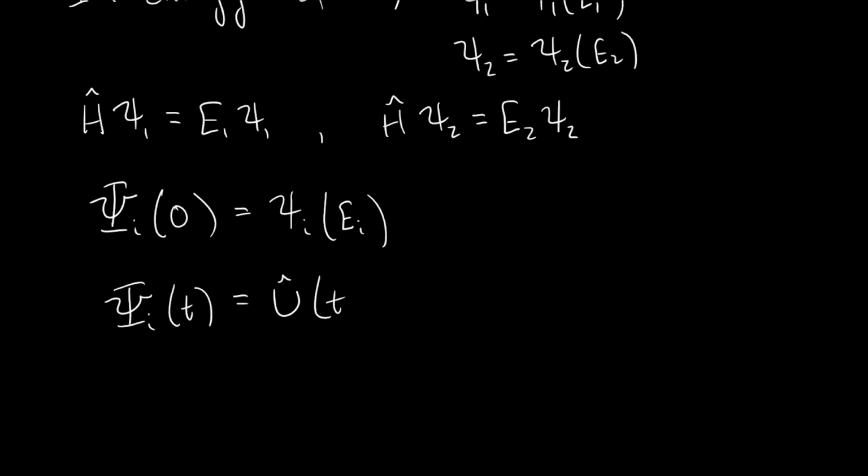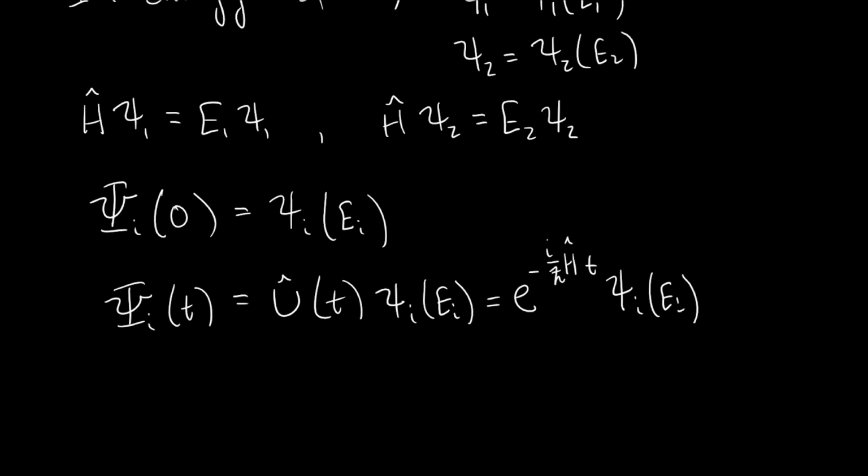So U hat of t times psi i of E sub i, which is of course e to the minus i over h bar, H hat t, psi i of E sub i, which is e to the minus i over h bar, E sub i t, psi i of E sub i. And it's pretty straightforward to just plug this in and show that it satisfies the Schrodinger equation.